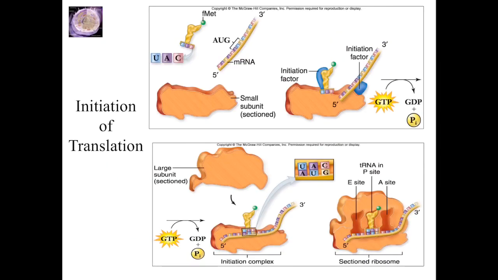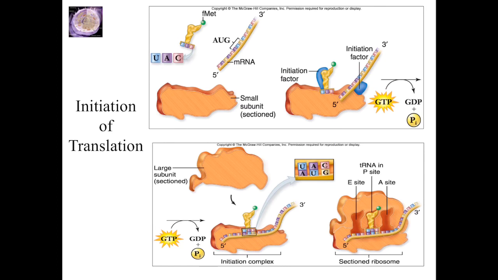So this picture is showing you the initiation of translation in a bacterial cell. And you can see that at the top, there's a small ribosomal subunit that will bind to a messenger RNA. And then the very first transfer RNA will come and bind.